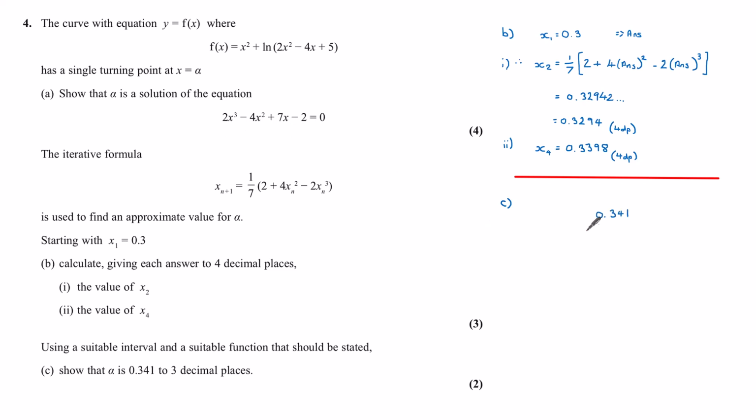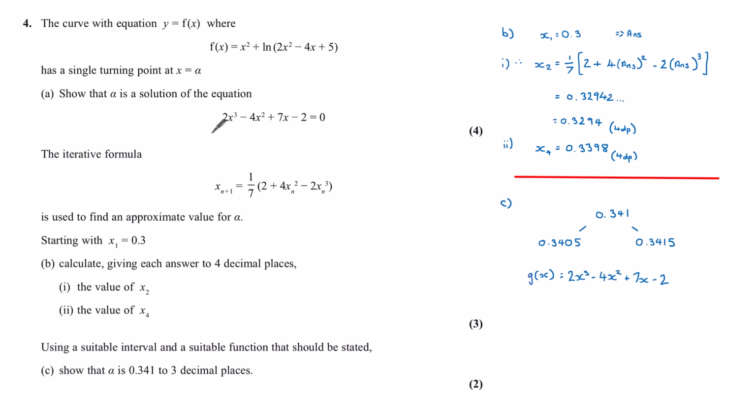So since we have alpha to be 0.341 to 3 decimal places, let's look at if a change of sign exists between the lower and upper bounds of this number to 4 decimal places. So 0.3405 would be the lower bound, which rounds to 0.341, and 0.3415 would be the upper bound.